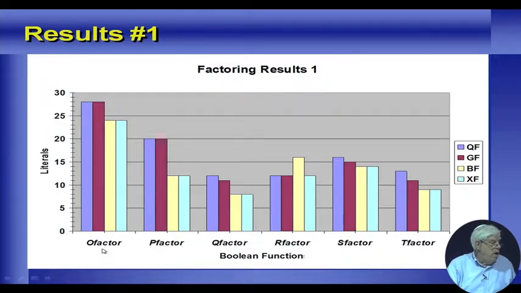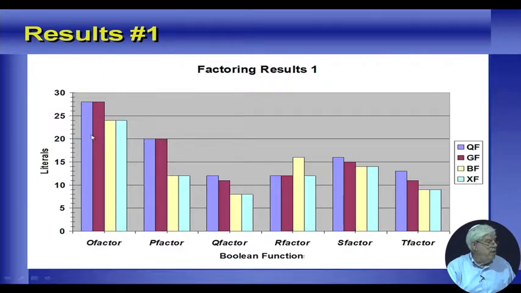Here are 1, 2, 3, 4, 5, 6 different functions that we took from some library of Boolean functions that were not that big. The number of literals, when we factored it, using 4 different algorithms: quick factor, good factor, Boolean factor, and our X factor.